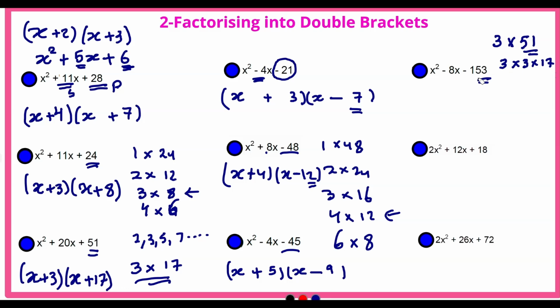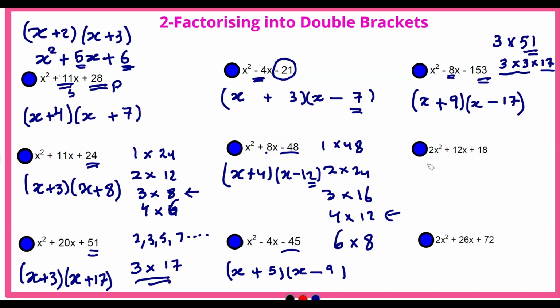If I times them, I get 153. I need a pair from here where the difference between them is 8, which is obviously 9 times 17. The difference between them is 8. So I'm going to write here x 9 and x 17. The largest takes the sign of the middle, and this one automatically is plus.